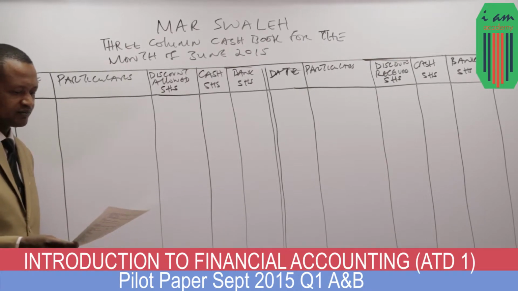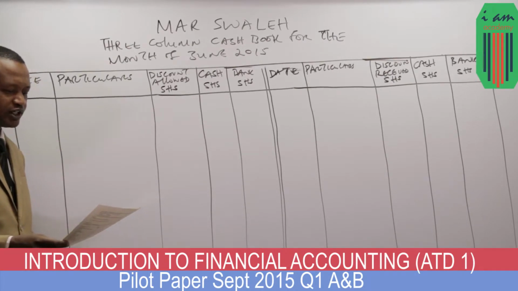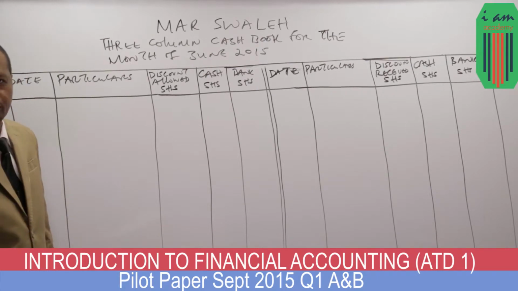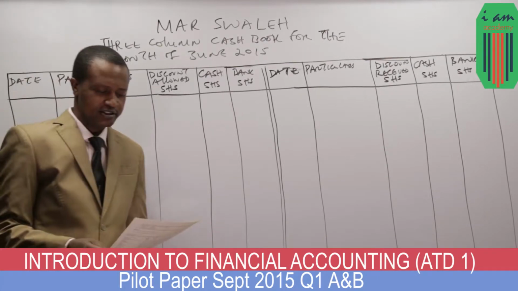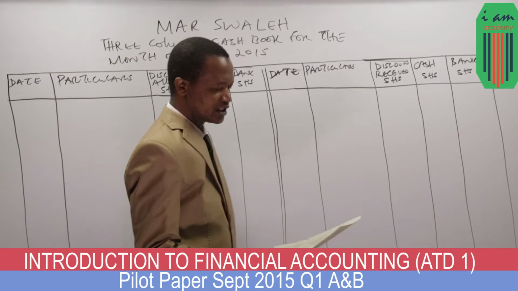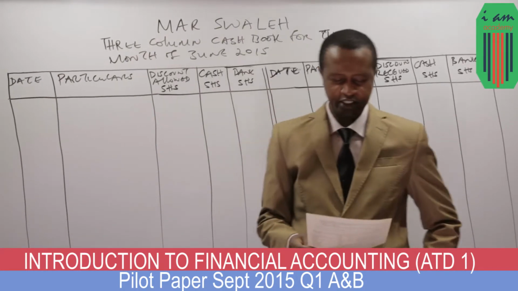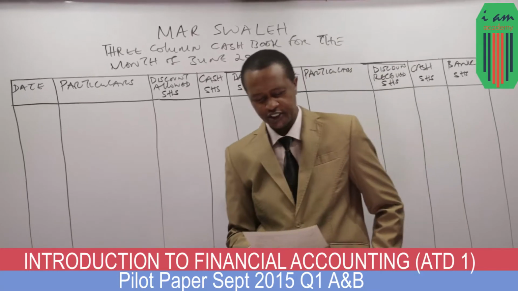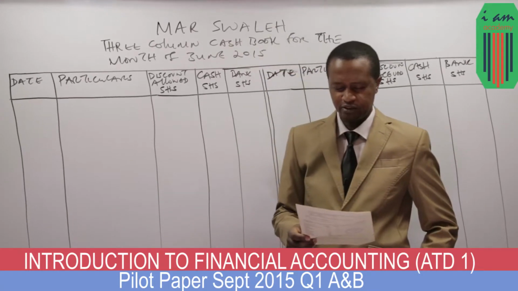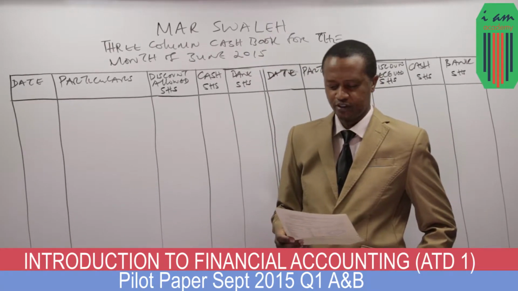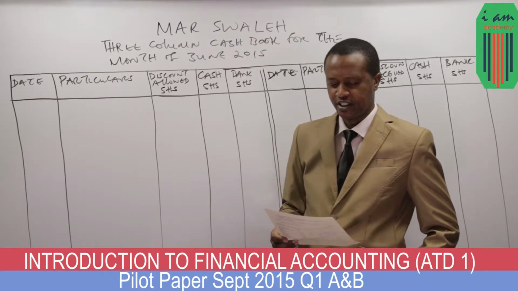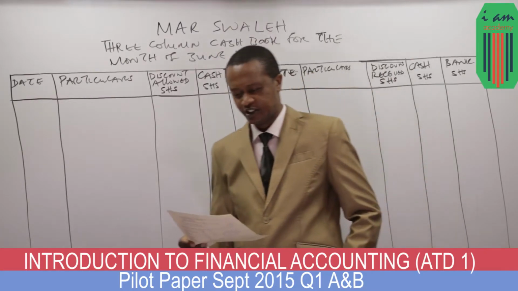With this money, Swale started a business in Nairobi. He is not just thinking of doing business in Nairobi, he has started. On June 1st, we are told, he started business with 216,500. He took all the money that was given as retirement benefits and injected it in the business.